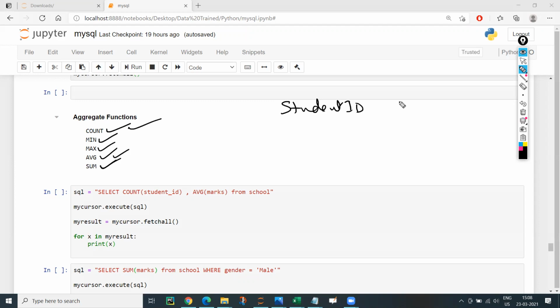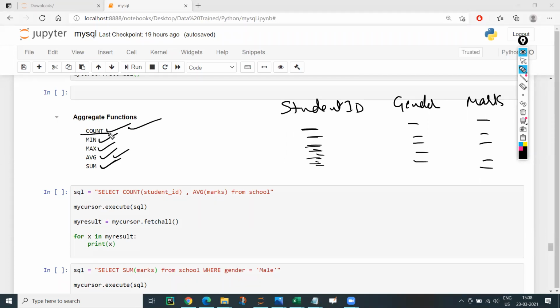we have a student id, a gender, and marks. Suppose in your school or college, you want to know how many students are enrolled, or how many students are in any particular section or in the total college, depending upon the data inside the table.